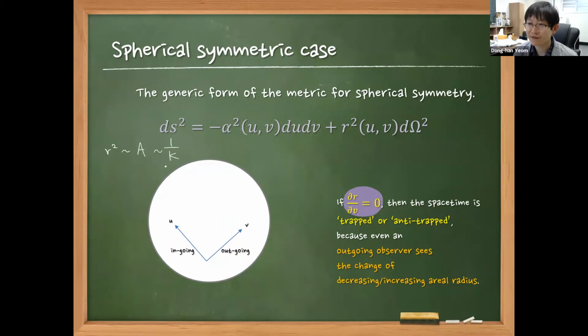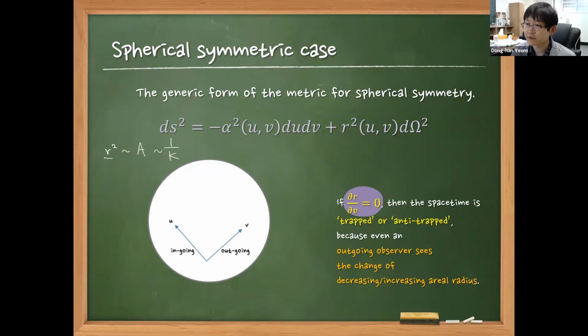But the Gaussian curvature, or its generalization, the Riemann curvature, is related to the area, and the area radius is represented by R. Therefore, R is a locally measurable quantity. By differentiating this R, if you define the notion of the horizon, then it is very physical, at least in the general relativistic sense.